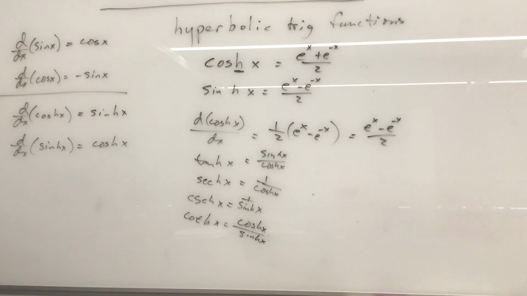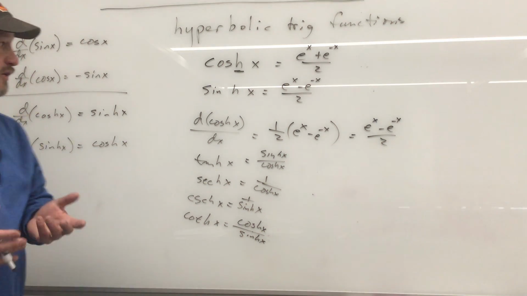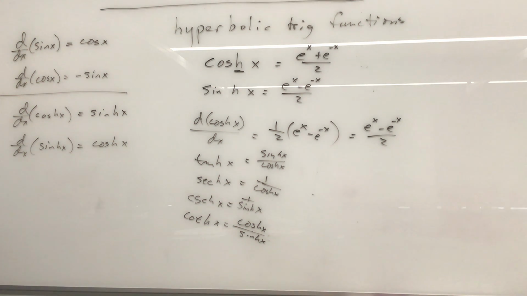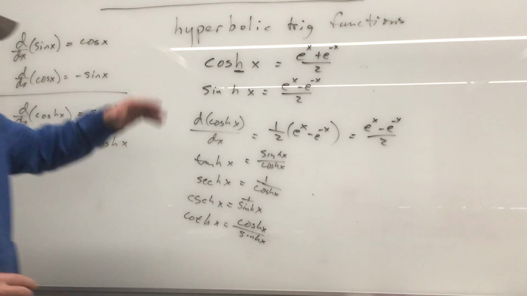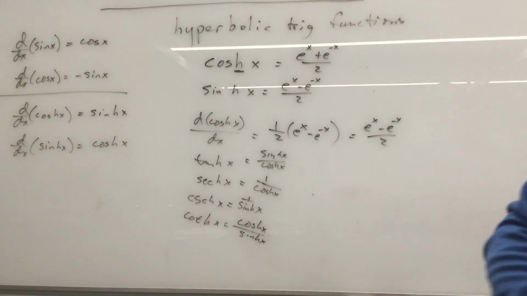The similarities between hyperbolic trig functions and regular trig functions lead to similarities between their derivatives. Of course, we know that this is true. We also know that we can take the derivative of other things here.